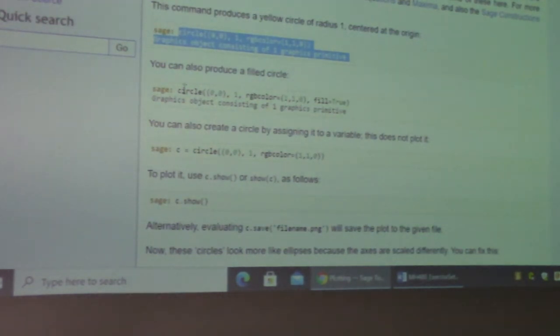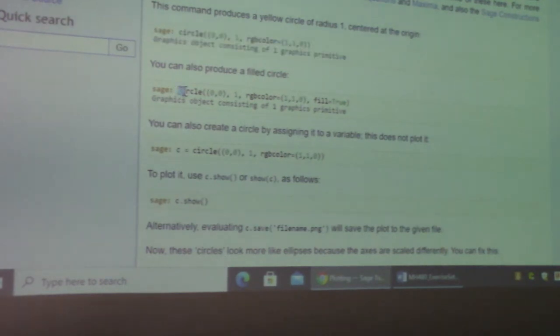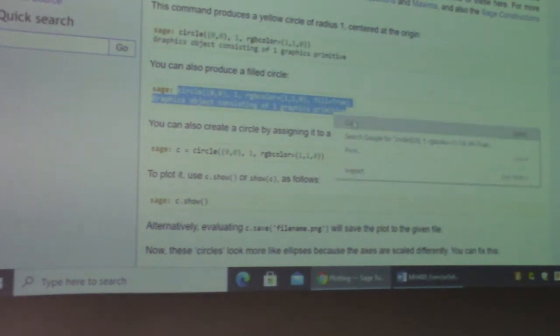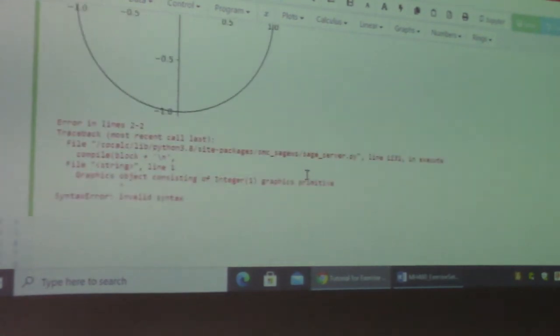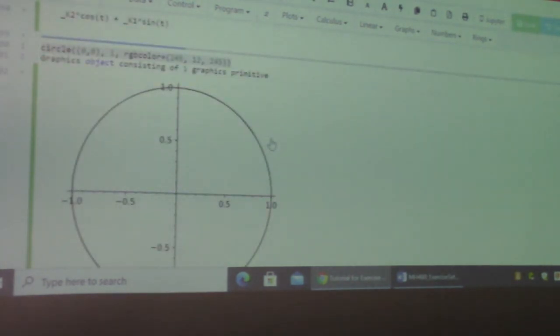A filled circle. Ooh. Syntax error. What did it not like? I did something wrong here. What was the syntax error? Maybe it didn't like my RGB. Oh, wait a minute.